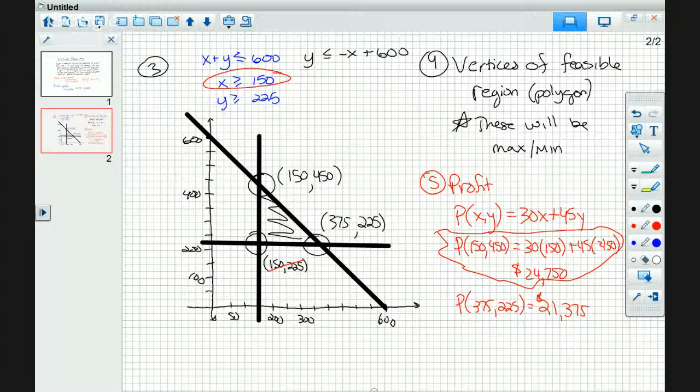So your answer would be the mill should produce 150 units of lumber and 450 units of plywood. That's the final statement.